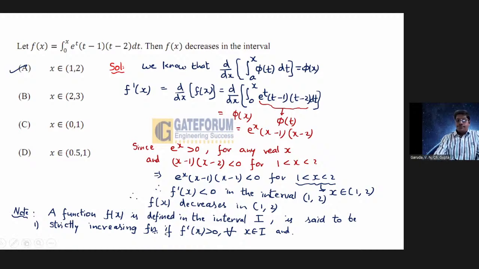And 2. Strictly means no two function values are equal. For two different x values, if their function values are the same, that is not called strictly.